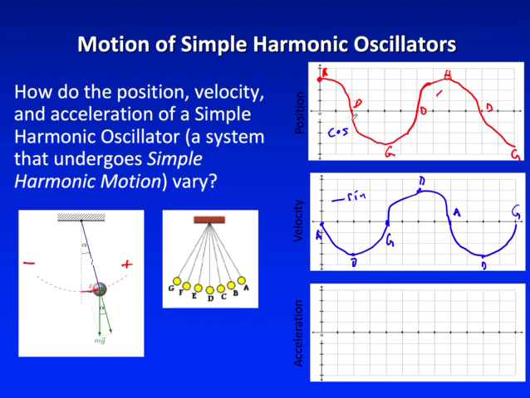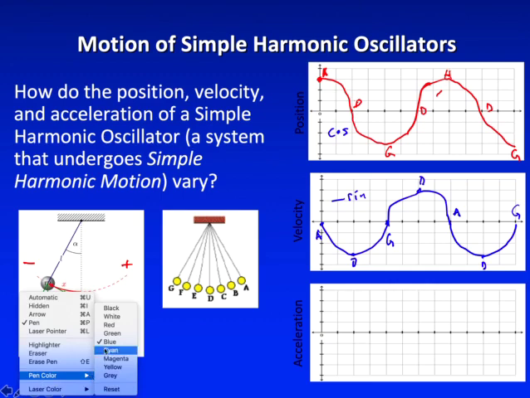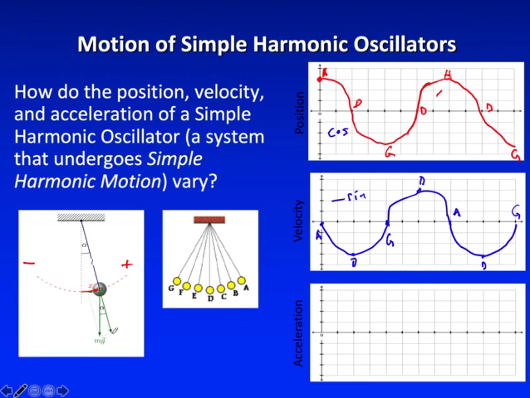And then finally, what's my acceleration graph going to look like? It's going to be something that looks like this. When I start right here, I get a maximum negative acceleration when it's at point A. And that's going to drop back to 0 by the time I'm back here at D. What's this one going to look like?